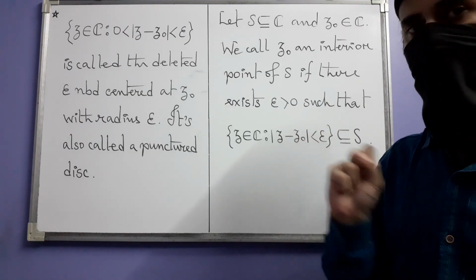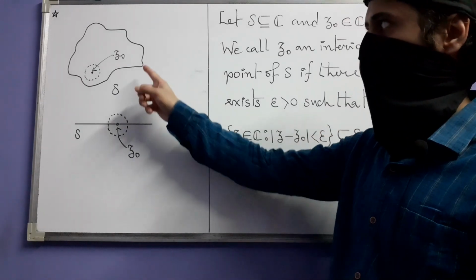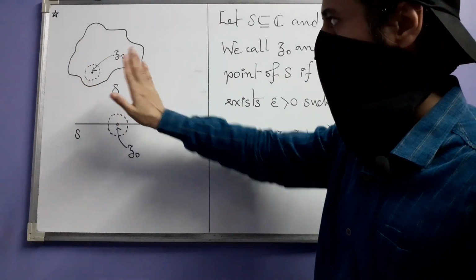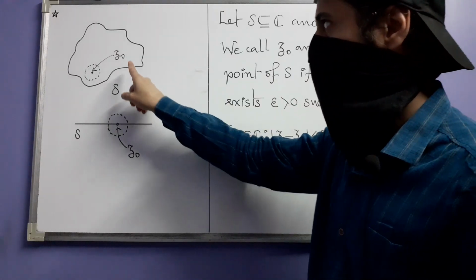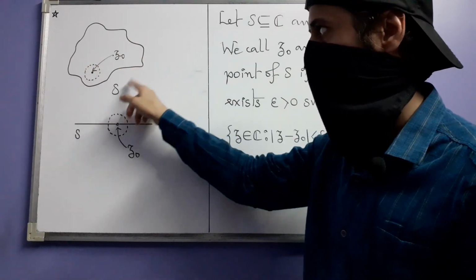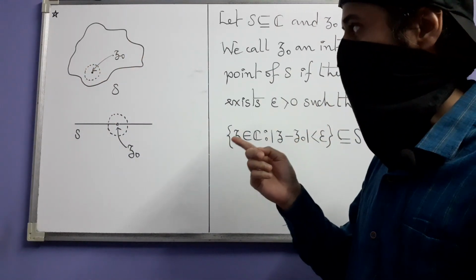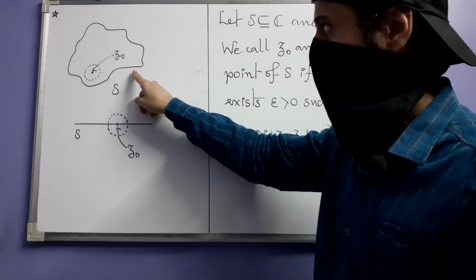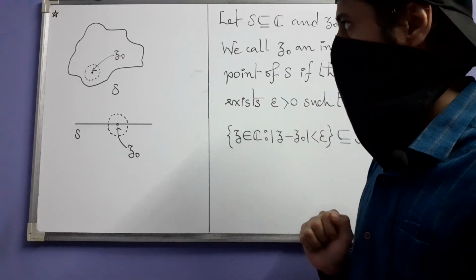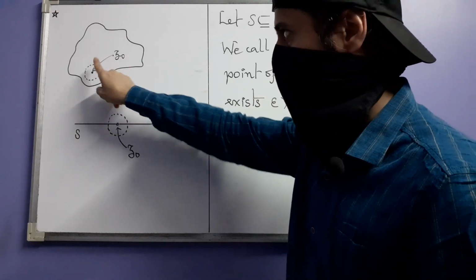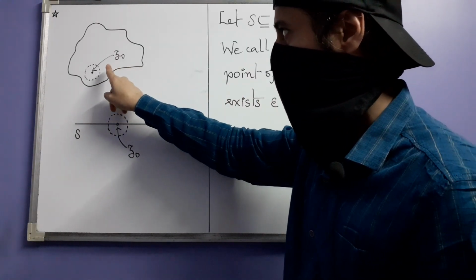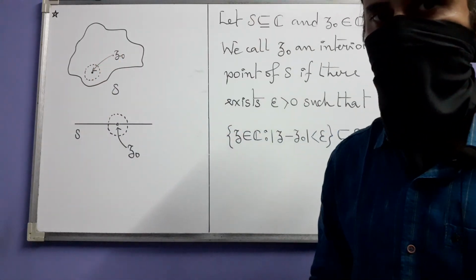Let's see how it looks in a figure. Say this is your S. Let me be more clear. This is your S means what? By that I mean that S is the set of all points that lie in the interior of this irregular region, and along with that, the points that lie on this closed curve are also points in S. Now inside this S, not on the closed curve, but in the interior of this S, say you have a point z0, which is a complex number.